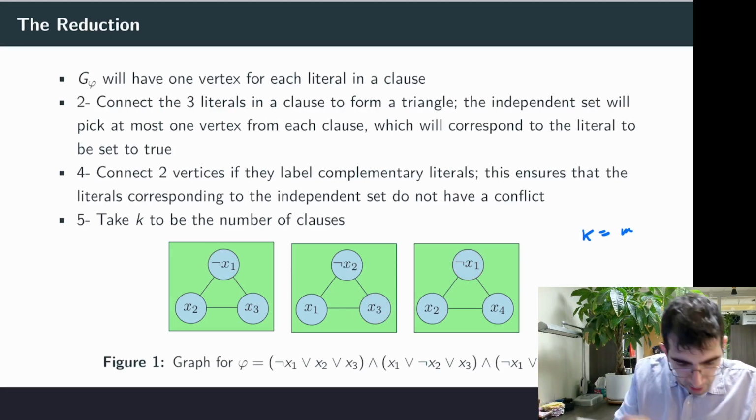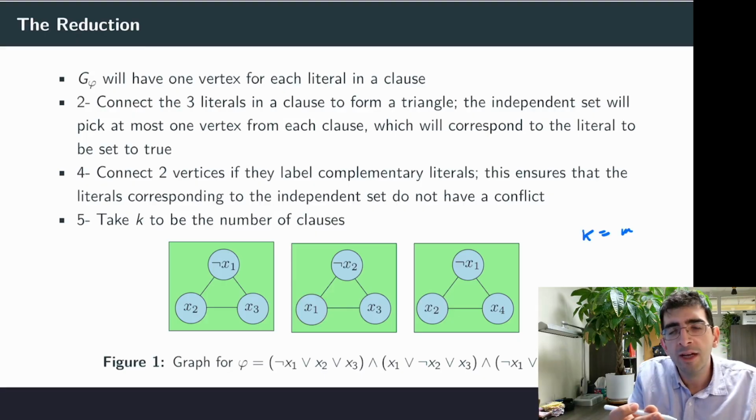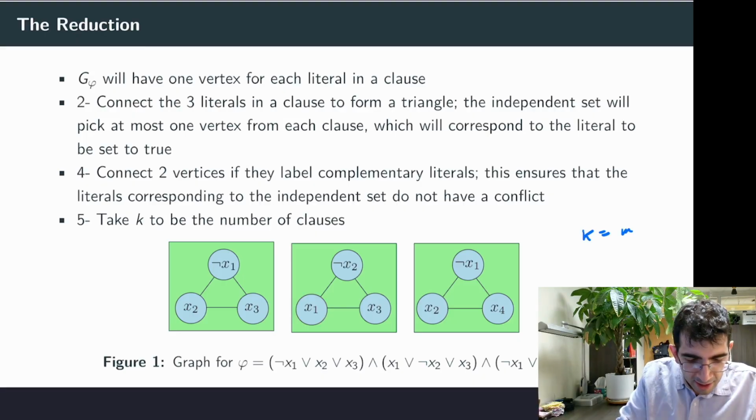What's the problem? What if the algorithm for independent set chooses not x1 and x1? That's not possible in the SAT formula, right? x1 is a variable. x1 could be either 0 or 1. We can't say not x1 evaluates to true and x1 evaluates to true at the same time.